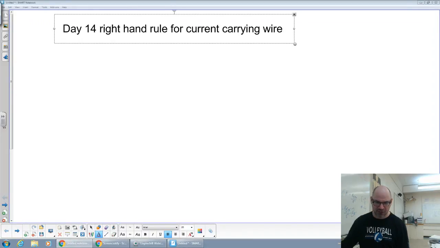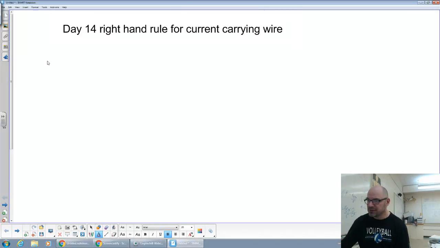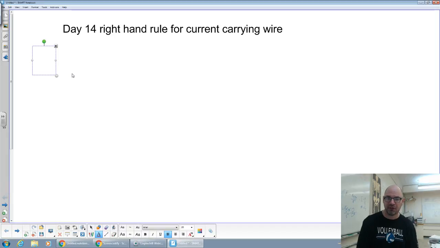All right, so first thing we're going to say is that the induction of a magnetic field in the presence of current happens all the time.